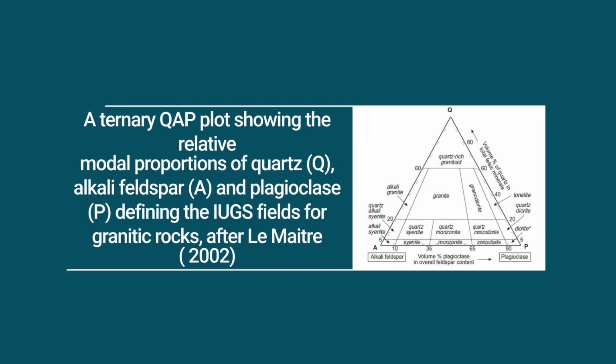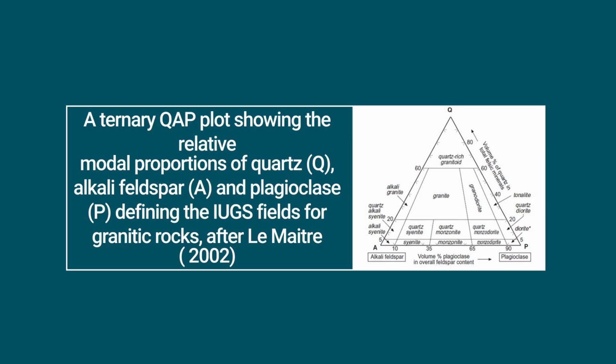Here we can see a part of the QAPF diagram, where only the QAP triangle has been shown, and the modal proportions of quartz, alkali feldspar and plagioclase feldspar for granitic rocks have been plotted based on the Le Maitre classification of 2002. Here Q stands for quartz.